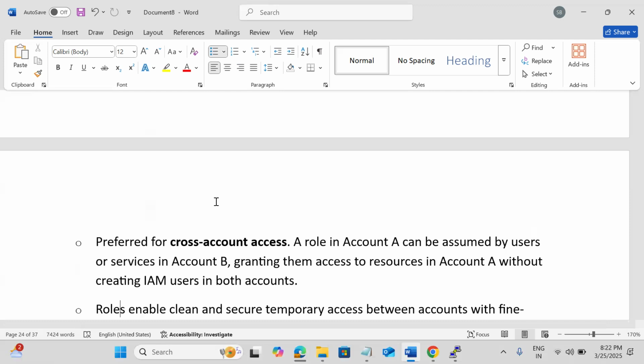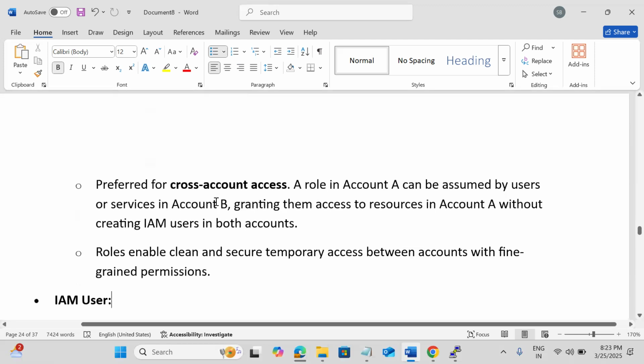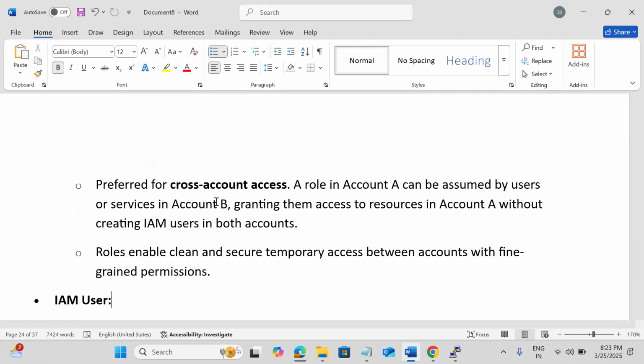For everyone, they create an IAM user. AWS always tells you to disable root account access, so don't use root access from the second time onwards.